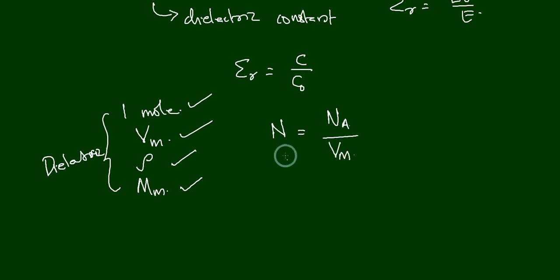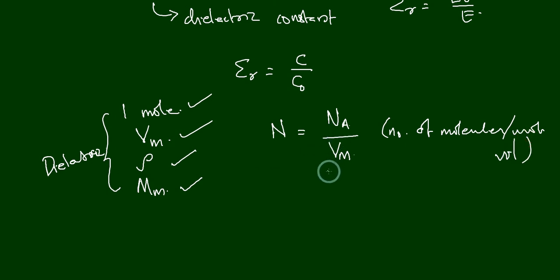So the number of molecules per unit volume is equal to Avogadro's number divided by the molar volume Vm.